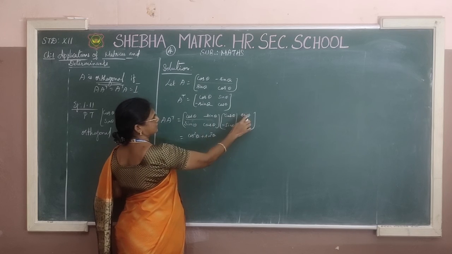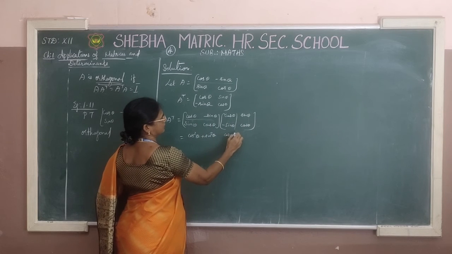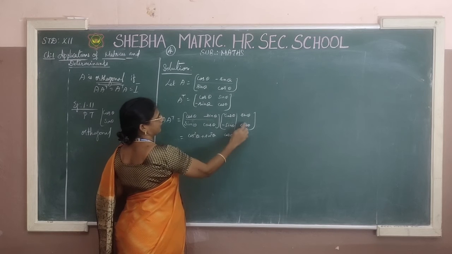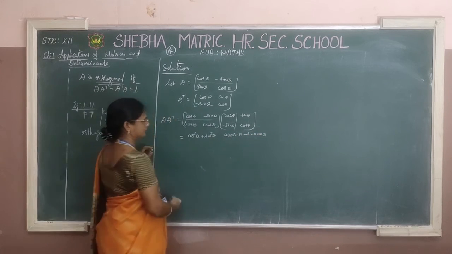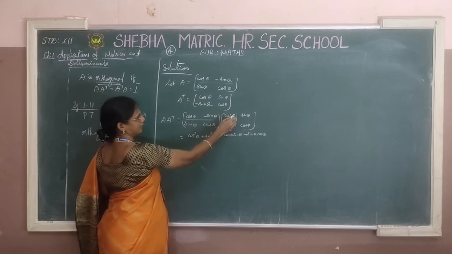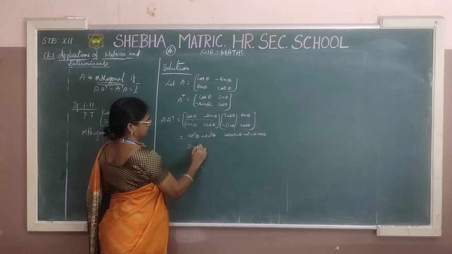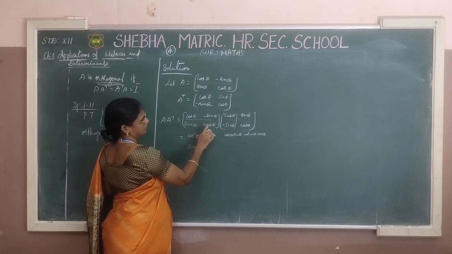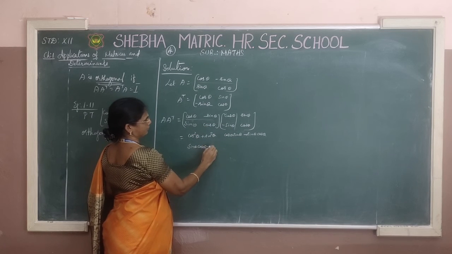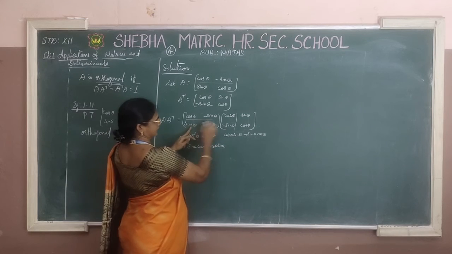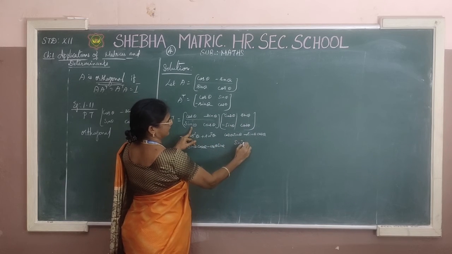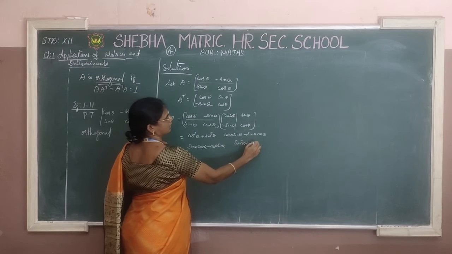Next, cos theta into sin theta, and minus sin theta into cos theta. Next row, sin theta into cos theta, and then cos theta into minus sin theta, so minus cos theta into sin theta. Next sin into sin, sin square theta, plus cos into cos, cos square theta.